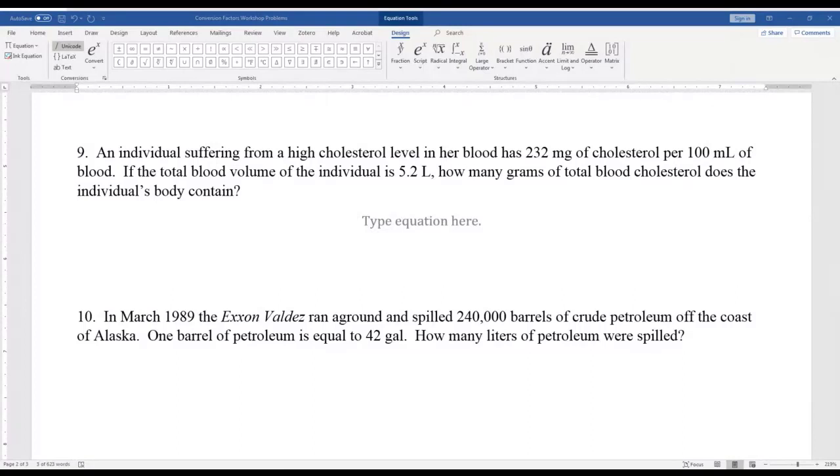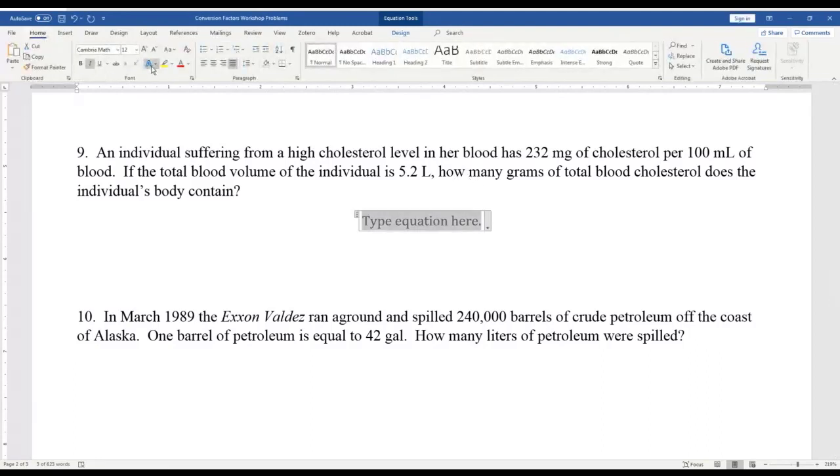Okay. What do you think, Saffron? Do you agree or disagree? So one of you takes one answer, the other takes the other. So here's the deal. The question, how many grams of total blood cholesterol does the individual's body contain?